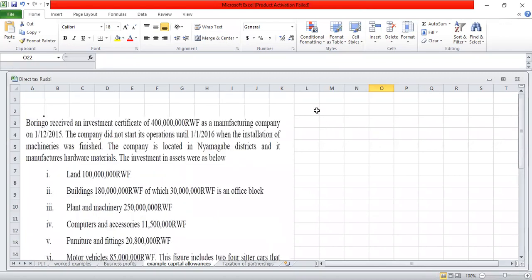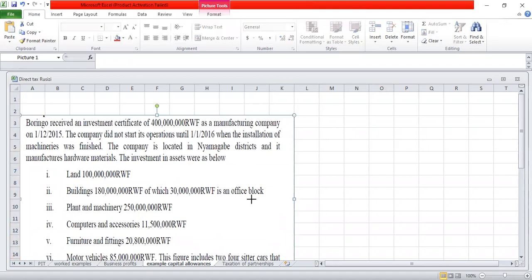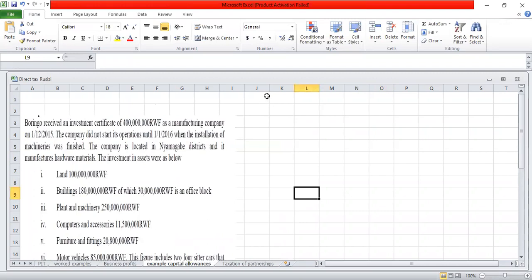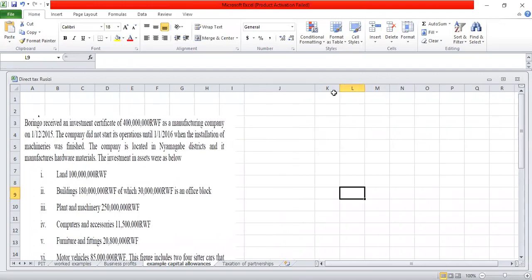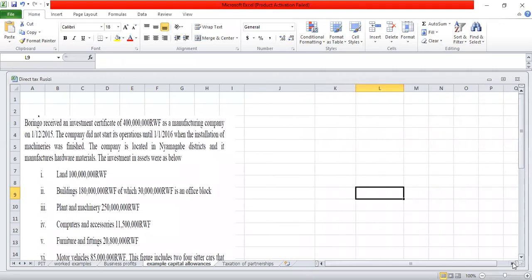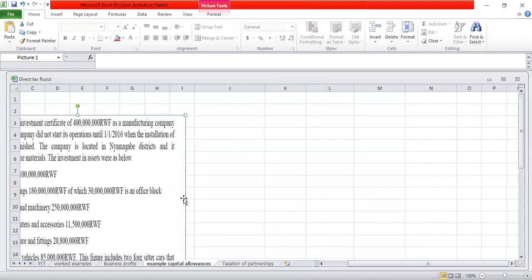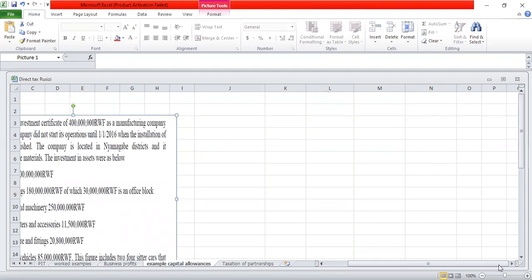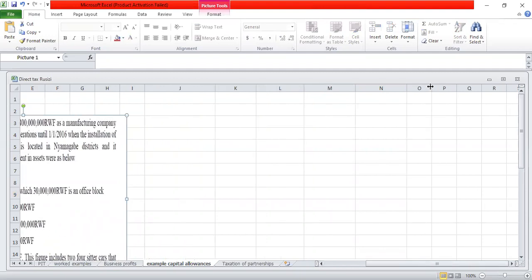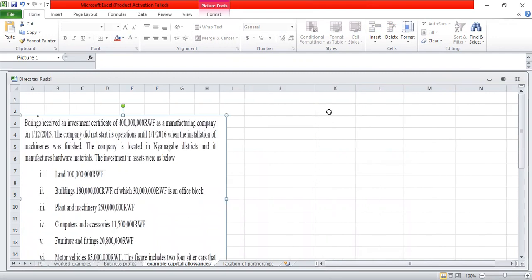So when we are computing our investment allowance, I'm going to reduce a bit here. Our first asset is land.